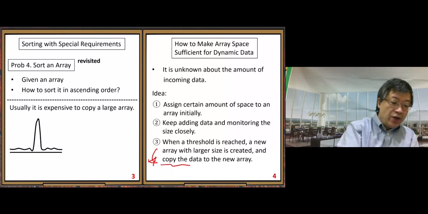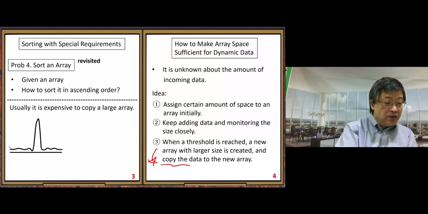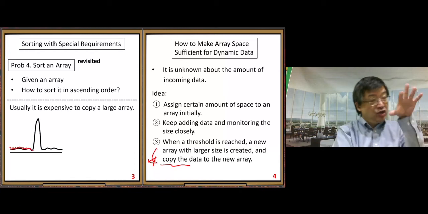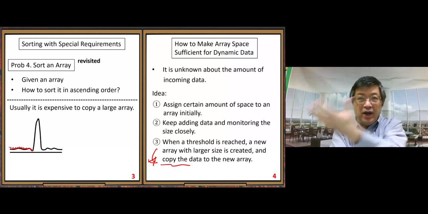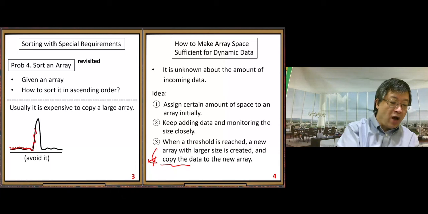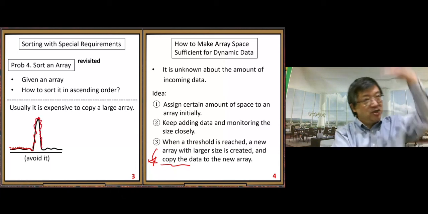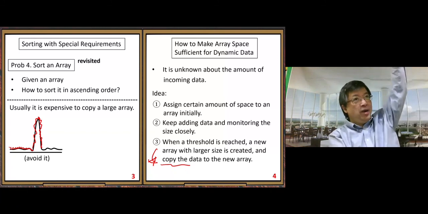Usually, when we have a new dynamic data item, we do insertion and do not spend much time. But when we reach the size limit, we need to create a new array and copy the data. Suddenly, we need to spend more time. This is the time we spend. So we hit a big bump.